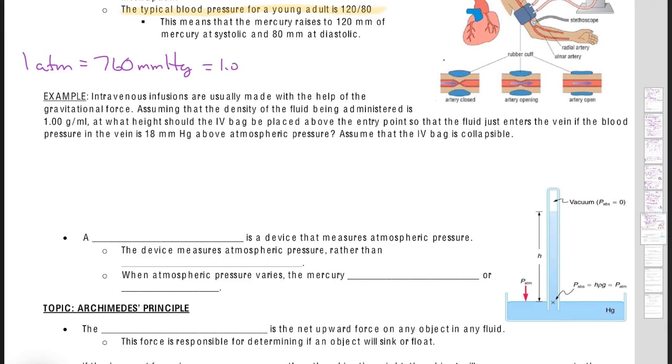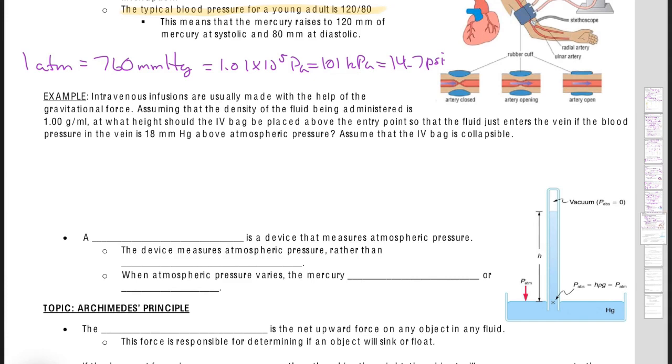That is also 1.01 times 10 to the 5th pascals, which is 101 kilopascals, but it's also 14.7 pounds per square inch. So these are the conversion factors that you would encounter here.